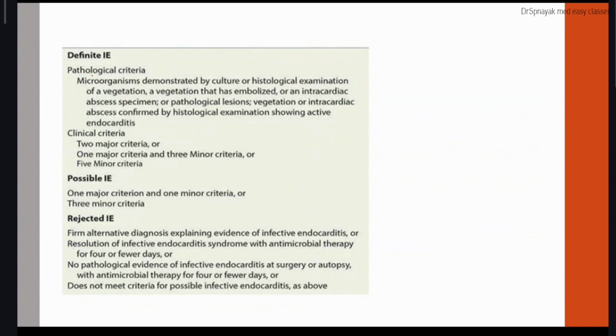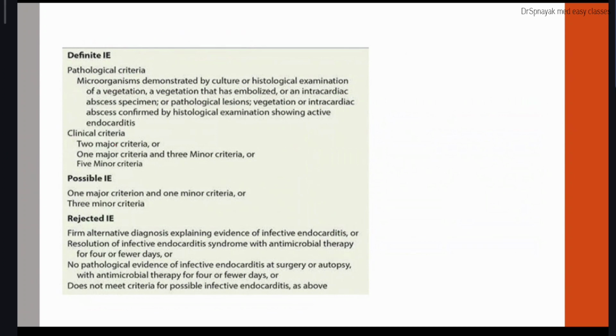So according to those major and minor criteria, definitive infective endocarditis is determined by a pathologic criteria, which is microorganisms demonstrated by culture or histologic examination of a vegetation that has embolized, or an intracardiac abscess specimen or pathologic lesions.